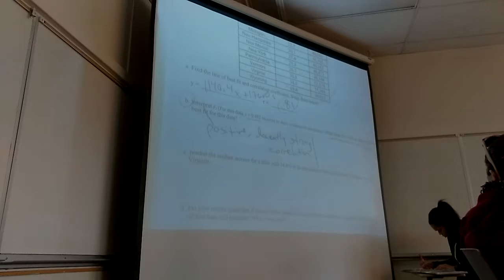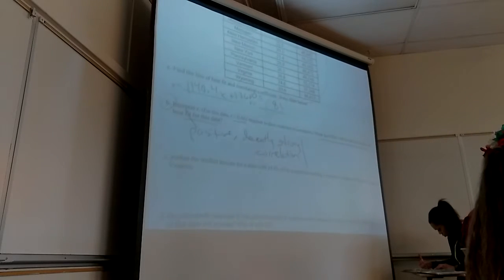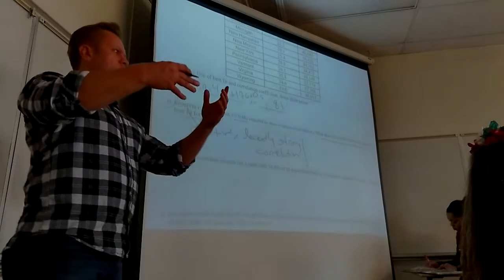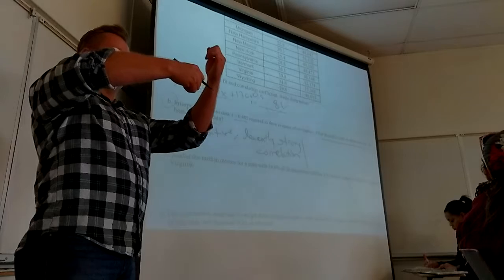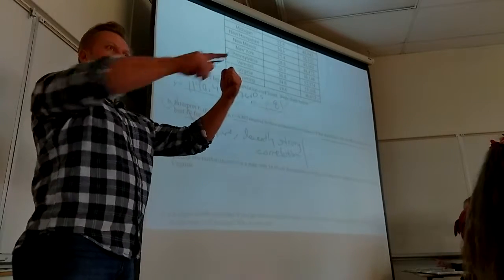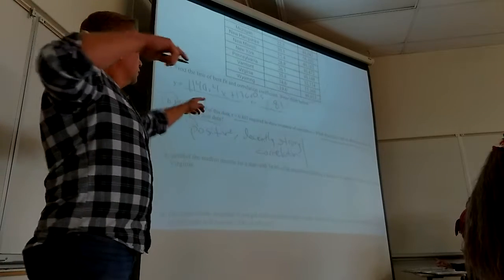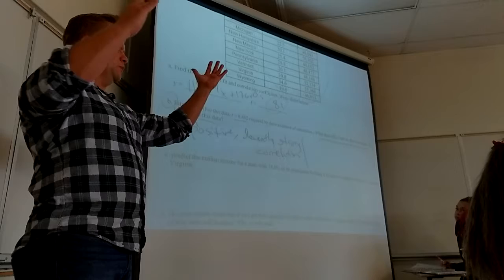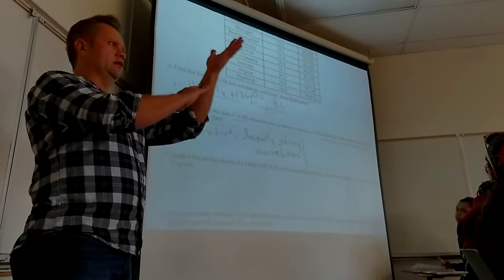Now this is a separate question. What does R tell us about the line of best fit? There's a couple different ways you can answer that. When R gets closer and closer to 0, what does that mean about my data points? They're getting further away from the line, right? So the fact that this is not close to 0 means my data points must be decently close to the line.